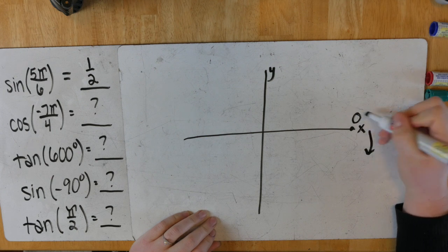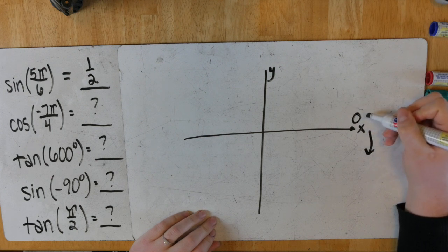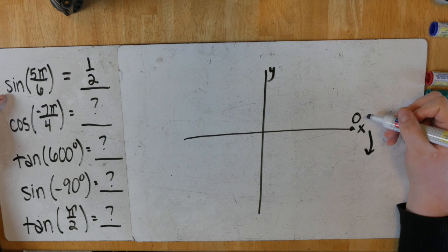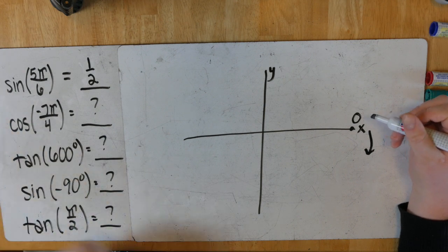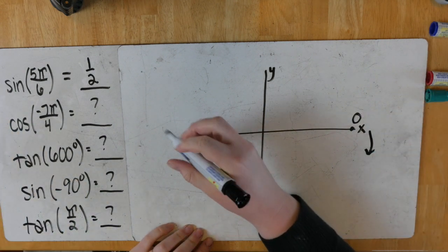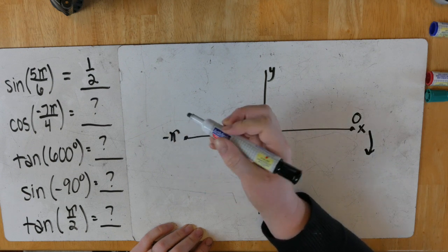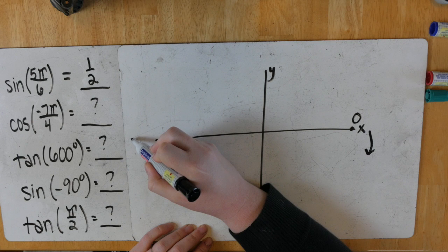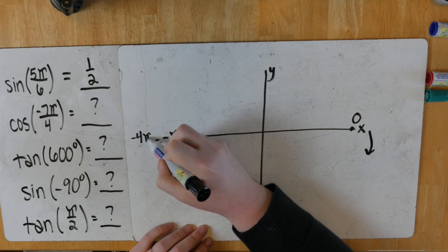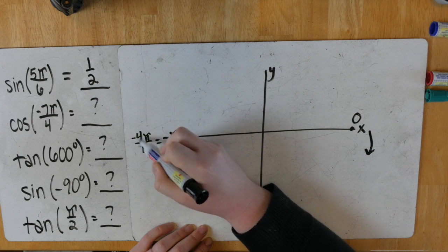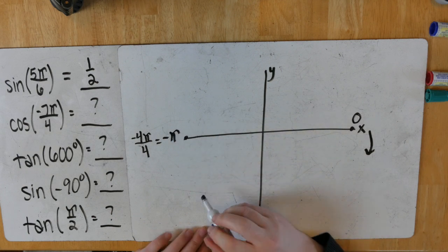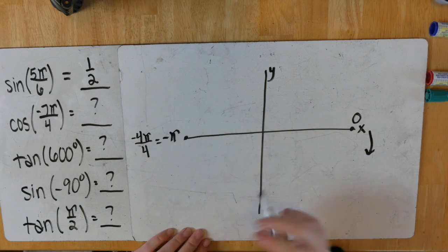Starting at 0, we're going to do something very similar to solving for the sine of 5 pi over 6. I'm going to consider that 180 degrees is going to get us to negative pi, which is equal to negative 4 pi over 4, because the 4's will divide out and we'll simply be left with negative 1 pi.